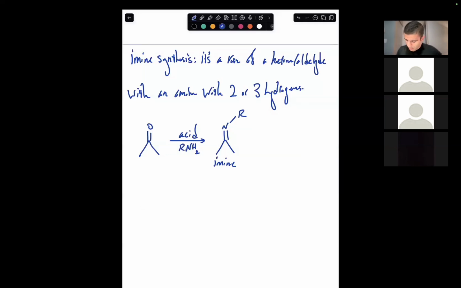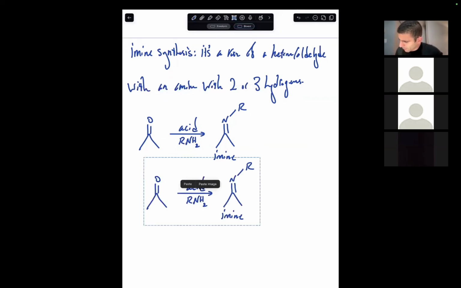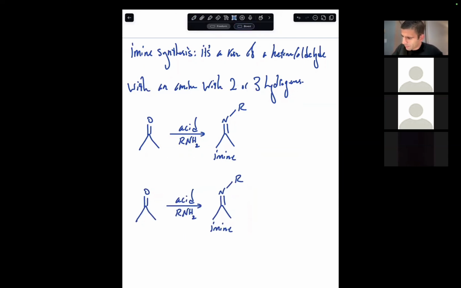And so for example, if it was NH3, that would be just NH.